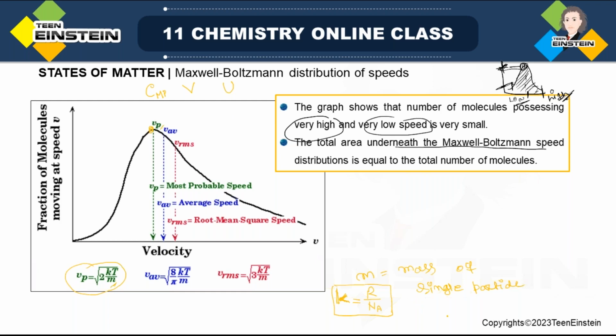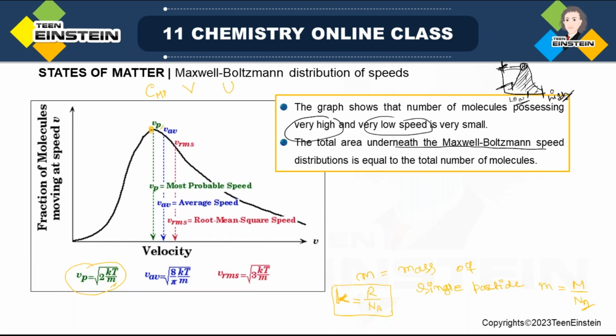And small m is the mass of a single particle. So small m is also equal to capital M divided by Avogadro number. What is capital M? Capital M is the mass of 1 mole. So for 1 mole of gas particles, the corresponding mass is capital M, which is called molar mass.